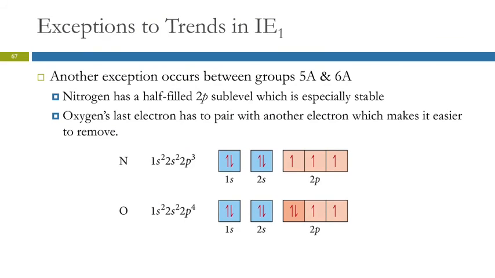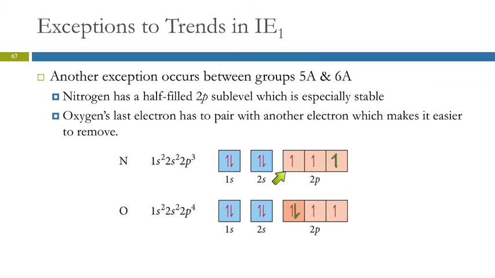We have another exception between group 5A and 6A, like between nitrogen and oxygen. So nitrogen and oxygen. Let's identify which one we're pulling off. So for nitrogen, we're going to pull off this one. And for oxygen, we're going to pull off that one.